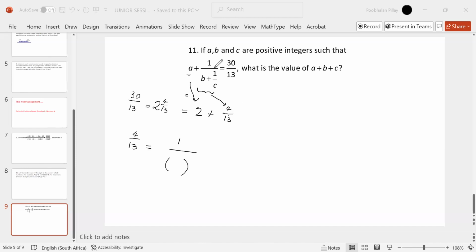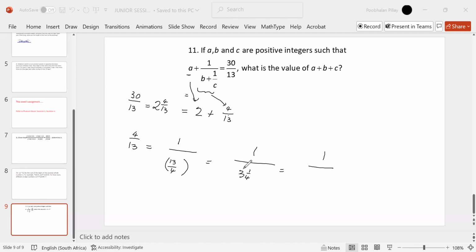So 4 over 13 is 1 over something. But what should you put at the bottom to make this thing 4 over 13? The answer is 13 over 4. When you divide 1 by 13 over 4, you switch it around. So now you've got 1 over, and 4 goes into 13. This bottom part is 3 1/4. So it's 1 over.